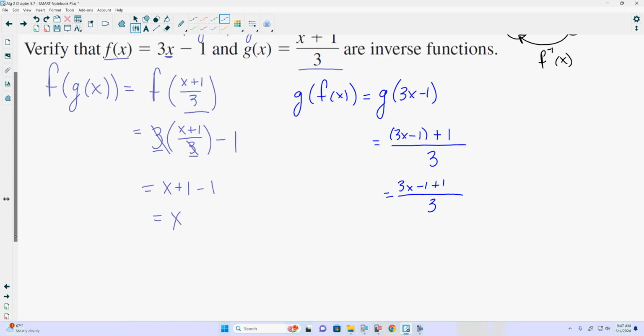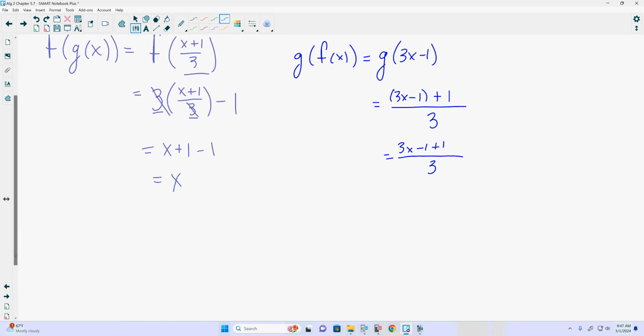So on top, we have 3x minus 1 plus 1 over 3. Our negative 1 plus 1 become 0, so we just have 3x over 3. 3x divided by 3 is? Are these inverses? Yes. Because f of g of x is equal to g of f of x, and they both equaled x. Questions on this here?